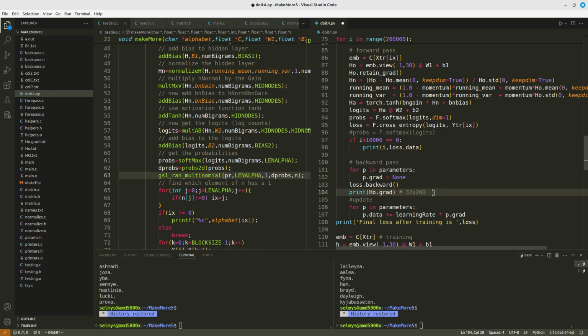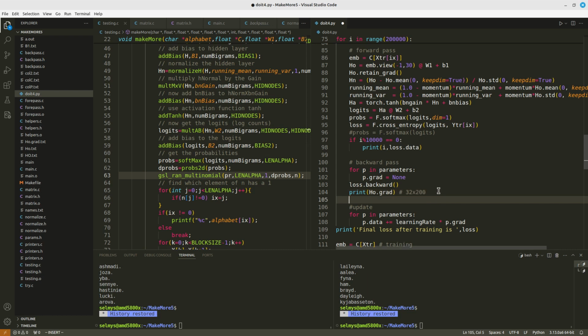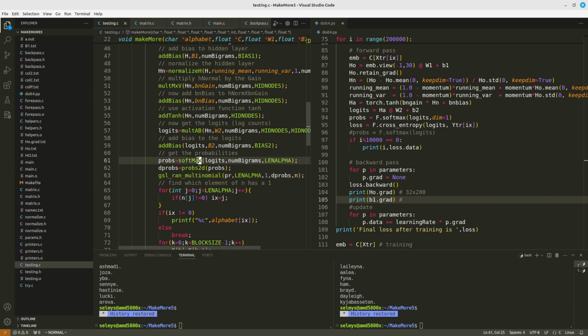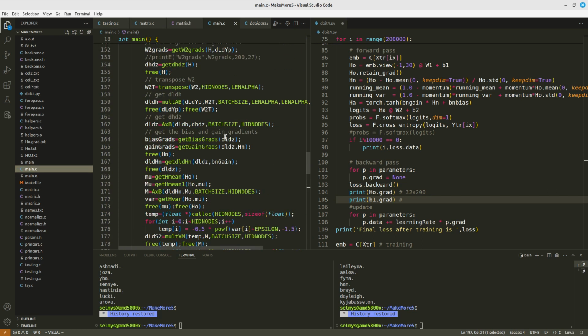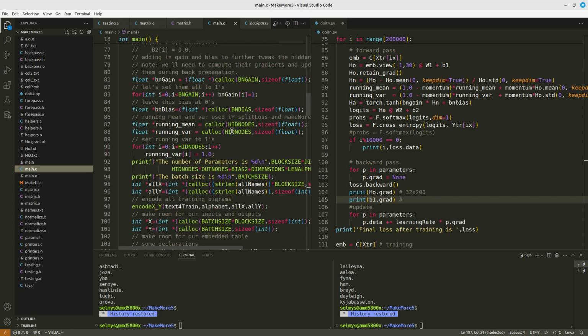But if you look at the formula for working out the B1 gradient, if I look at B1, this guy here is basically just going to be, what was the B1 gradient? If I go to main, let's see, what did I have in here? Where did I have that?